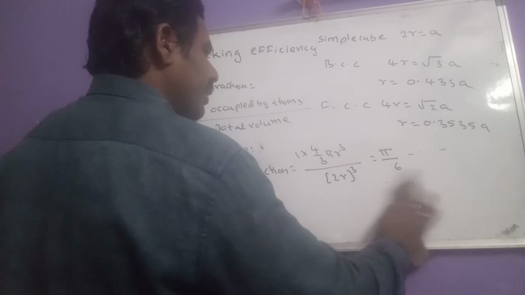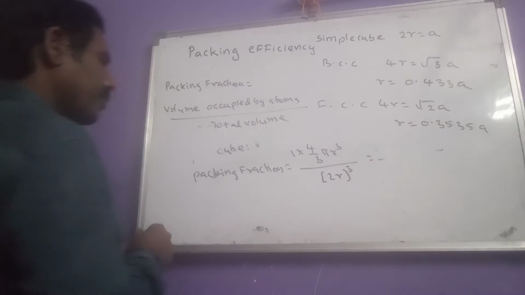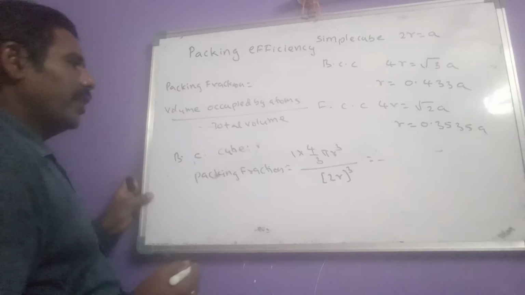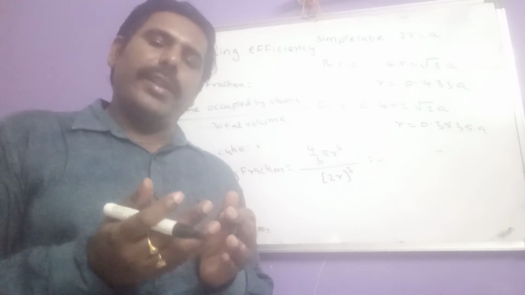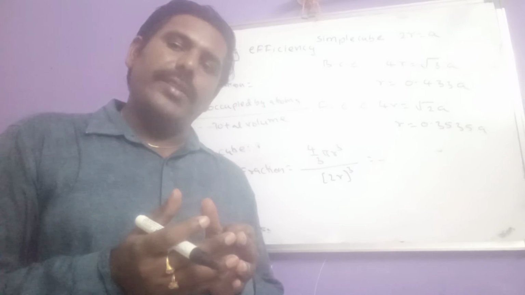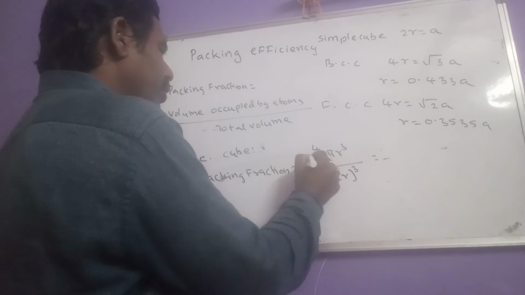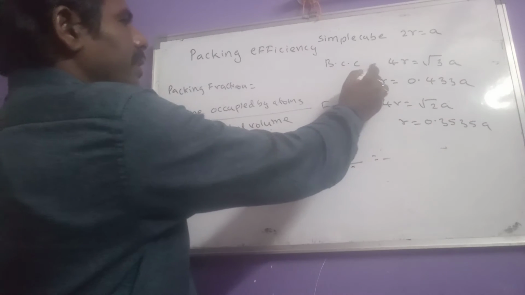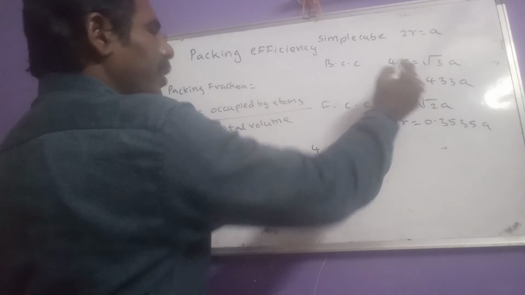Okay, then now let us calculate for body centered cube. Body centered cube means we know that the effective number of atoms is two. So now here 2 into 4 by 3 pi r cube. But in case of body centered cube, a equals 4r by root 3.